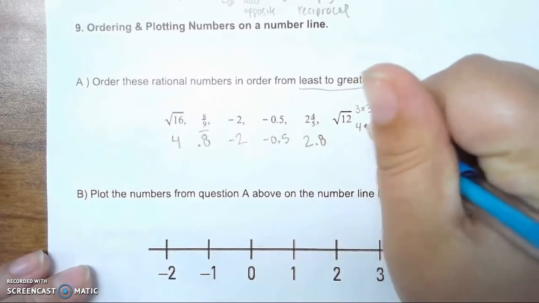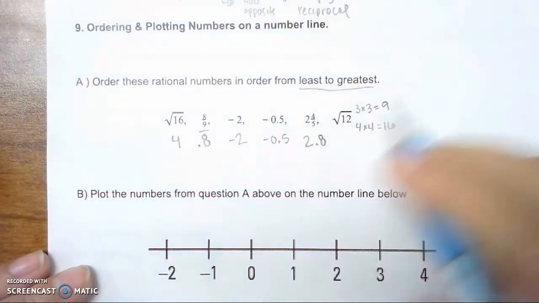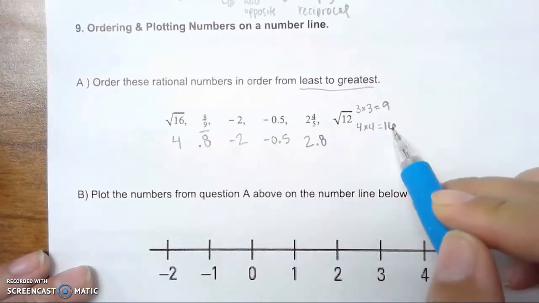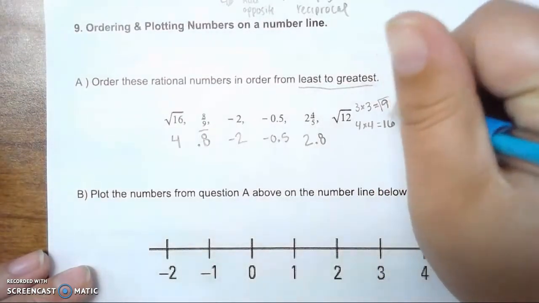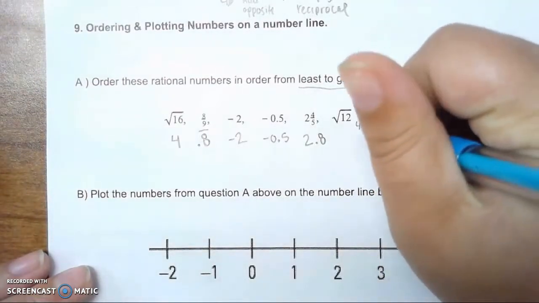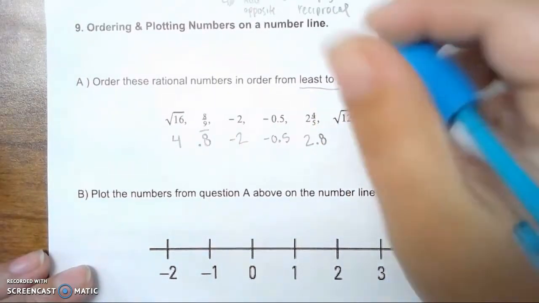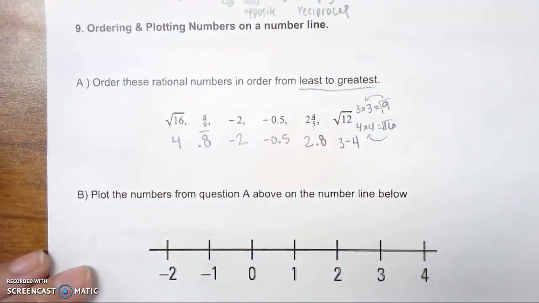The perfect square right above is 16. 12 is in between 9 and 16. So if I were to square root 9 and 16, I would get 3 and 4. So therefore, my answer is going to be between 3 and 4.